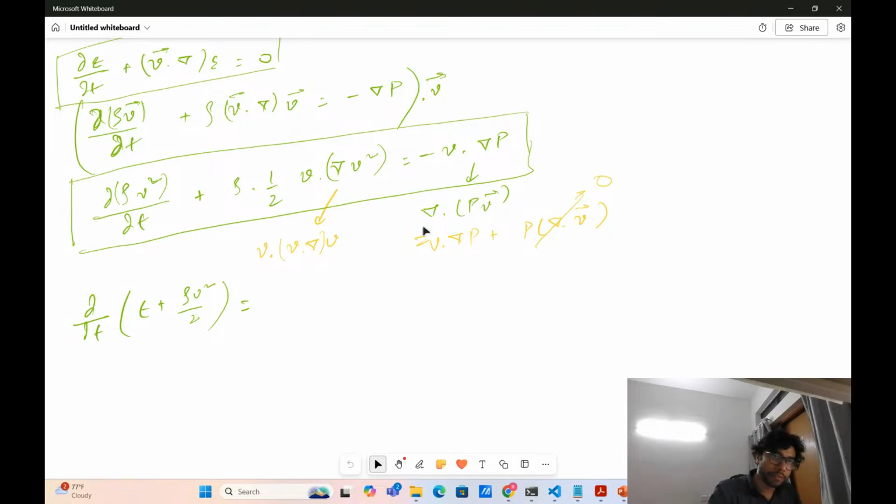So if you just add these two equations, the first term plus first term will give you this thing, right? Now you have V dot del terms, and inside the V dot del, you have epsilon plus P plus again half rho V square.